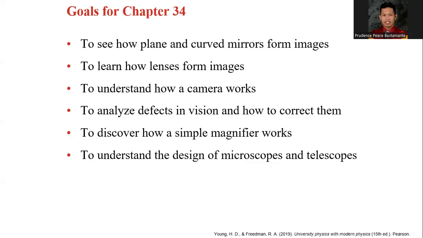You will understand how a camera works. We will be able to analyze defects in vision and how to correct them, to discover how a simple magnifier works, and to understand the design of microscopes and telescopes.